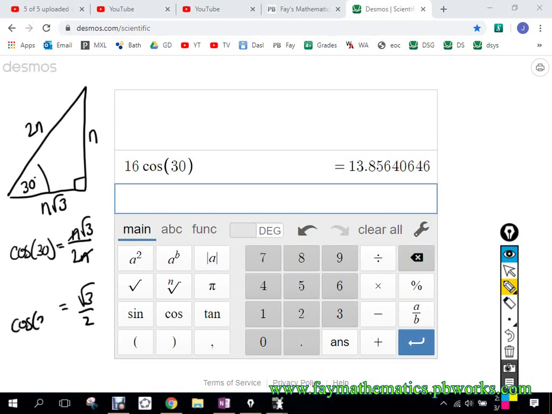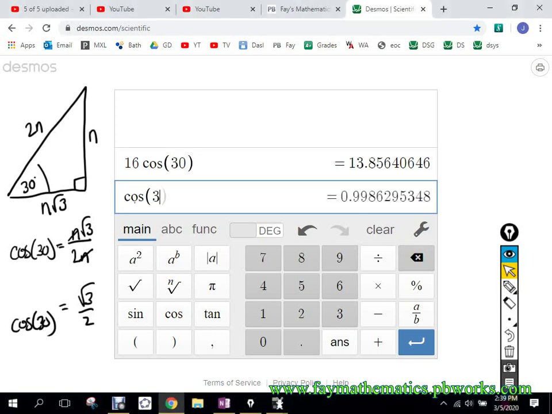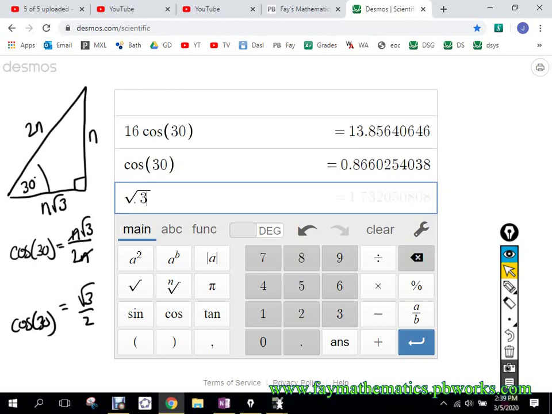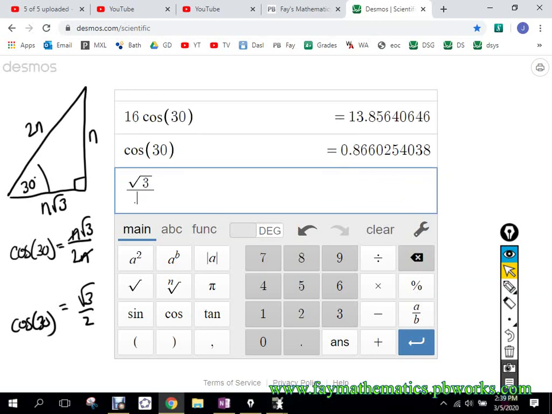So if I type in cosine of 30 on this, cosine of 30, I get that decimal, right? That's the same thing as the square root of 3 divided by 2. That's what that process on the left was showing us.